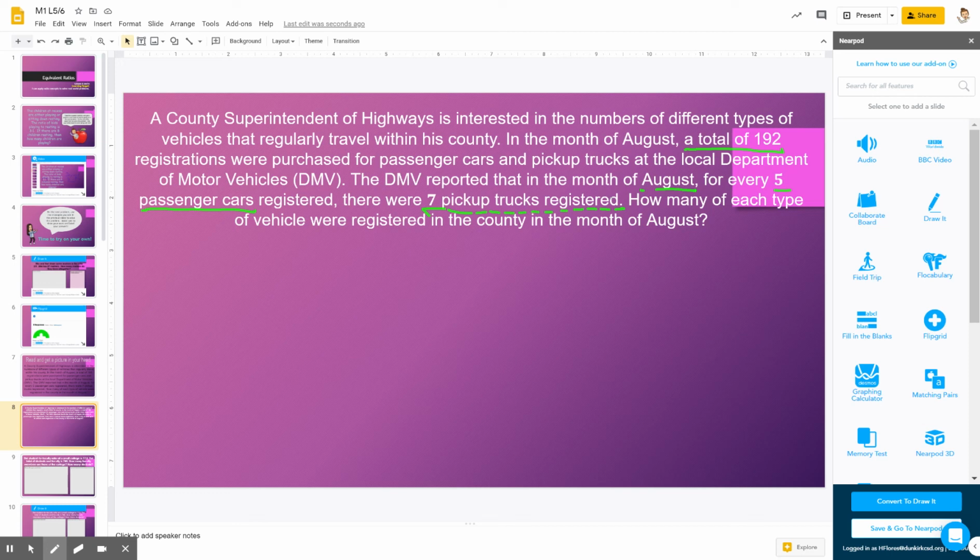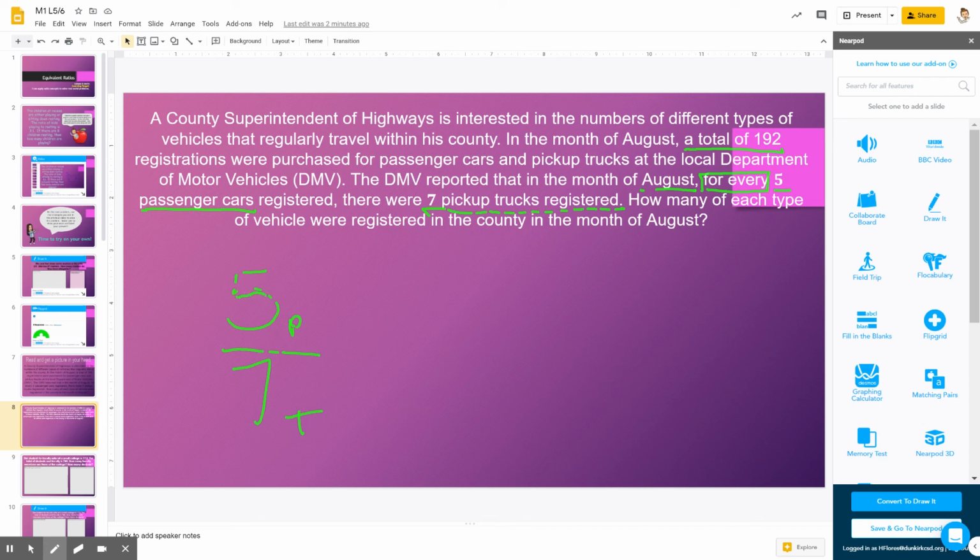The first thing you always do is identify that ratio, and you can tell where it is because it starts with "for every." For every 5 passenger cars, I'm going to just put a P for passenger cars, there were 7 pickup trucks. 7 trucks.